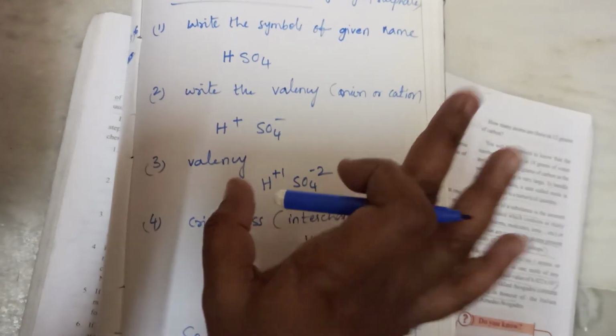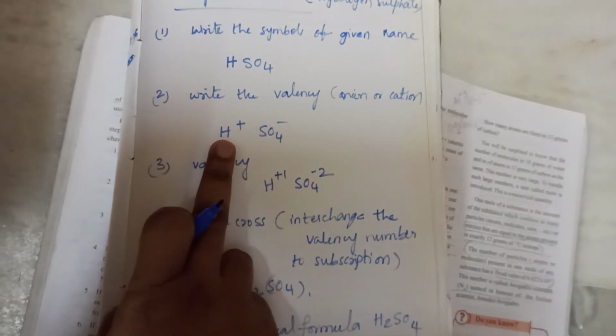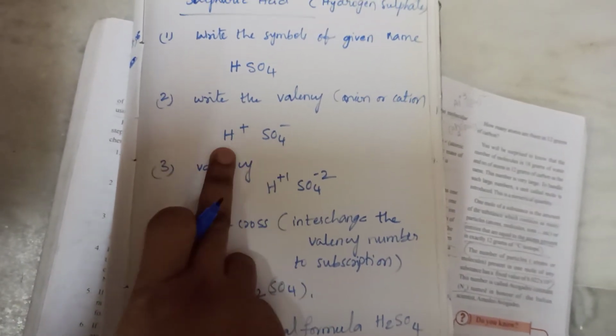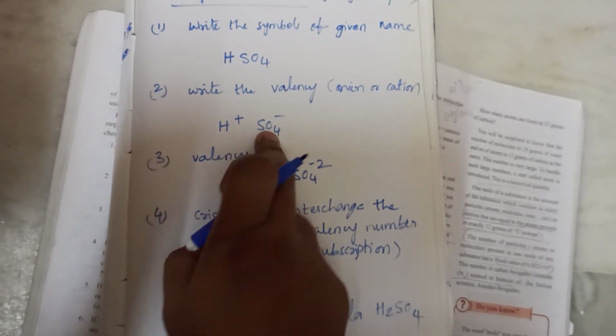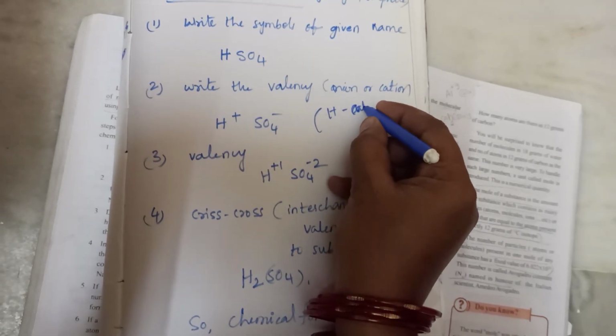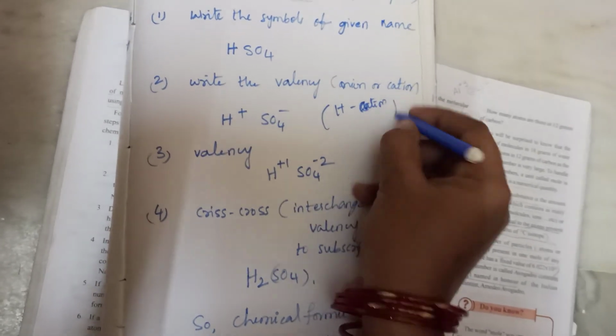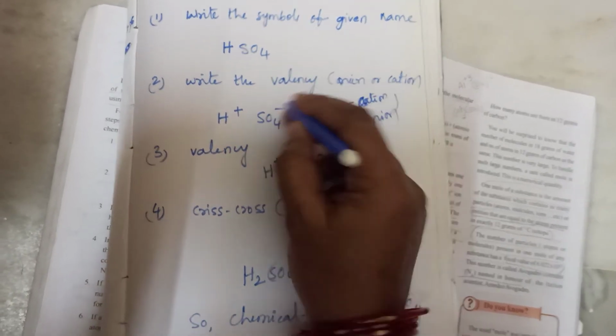Write the valency for each. Which one is the anion and which one is the cation? According to our electronic configuration, hydrogen is the cation, positively charged, and SO4 is the anion, negatively charged.